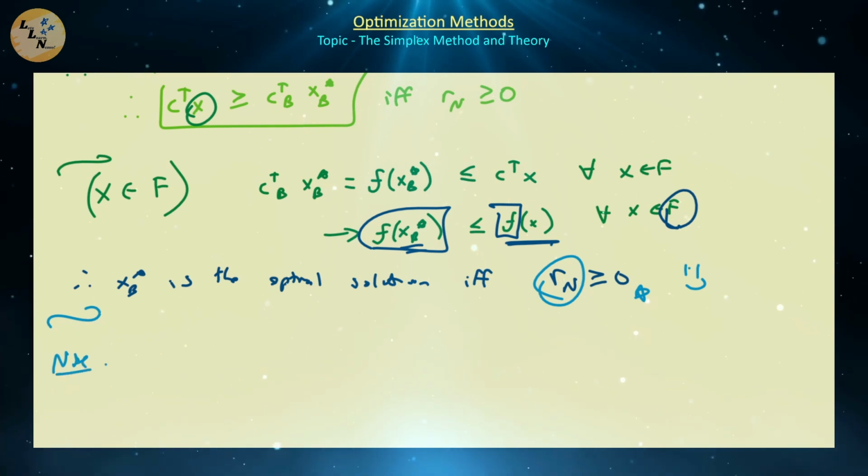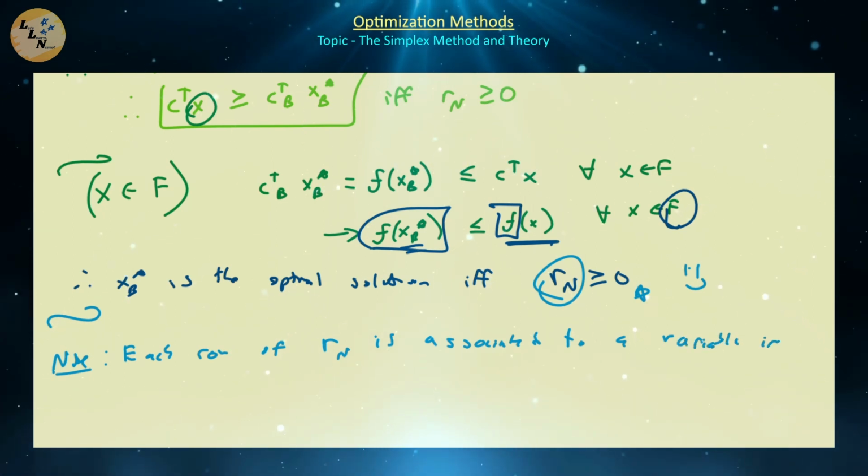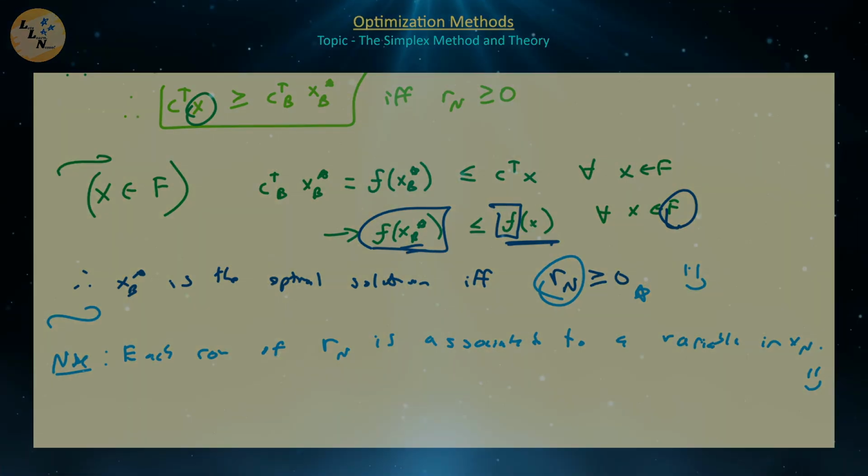So notice that each row of R_N actually is associated to a variable, variable x_m. And I'll leave it to you to verify that that actually is the case and why that actually connects to this particular important result.